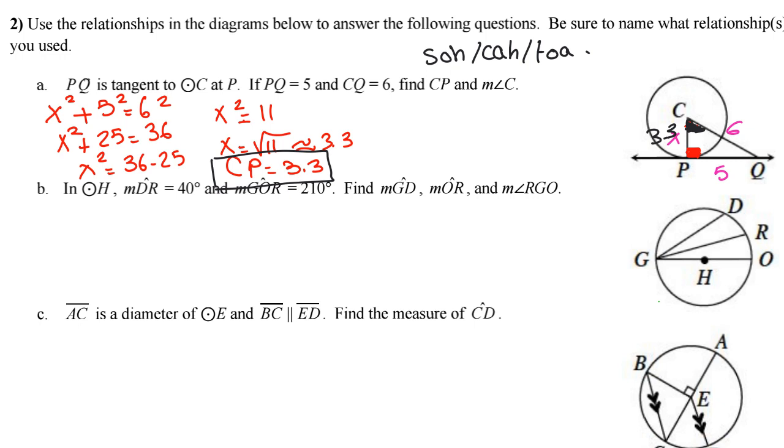From angle C, 5 is your opposite, and the 6, since it's across from my right angle, is your hypotenuse. So opposite and hypotenuse, I'll be using sine. So sine of angle C is equal to 5 over 6.